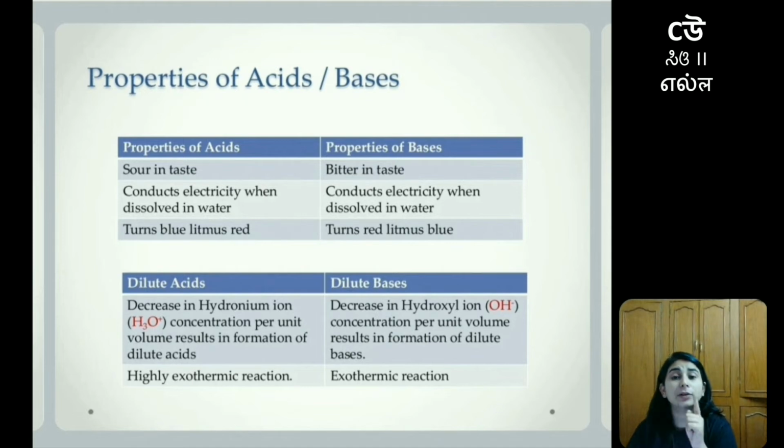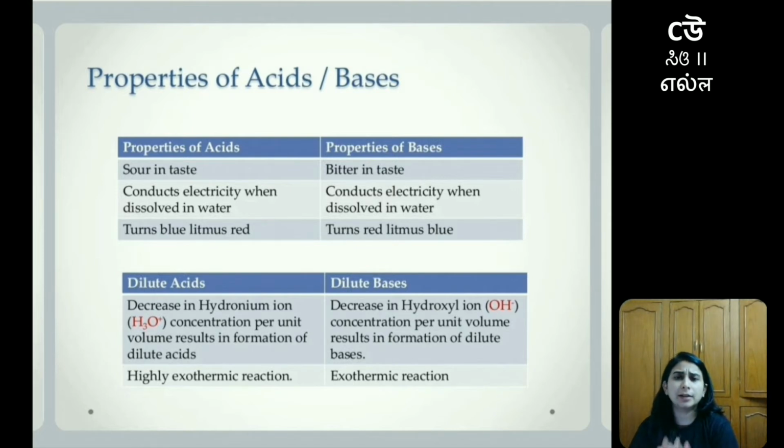Acids में there were reduction or decrease in hydronium ion. Here there is going to be decrease in hydroxyl ion concentration per unit volume results in the formation of dilute bases. So talking about dilute acids, reactions are going to be highly exothermic. Dilute bases, the reactions are going to be exothermic.